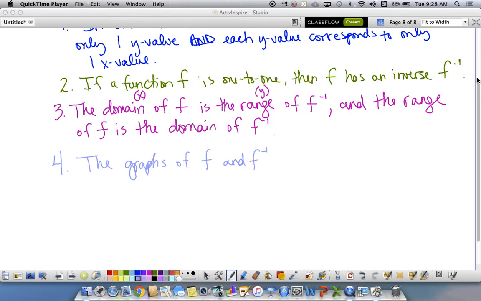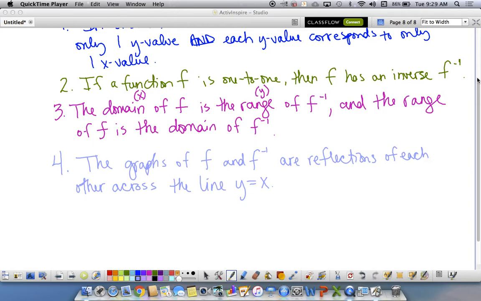So the original function and its inverse are reflections of each other, but it's across the line y equals x. So we'll talk about that in just a minute. Recall what that line is.